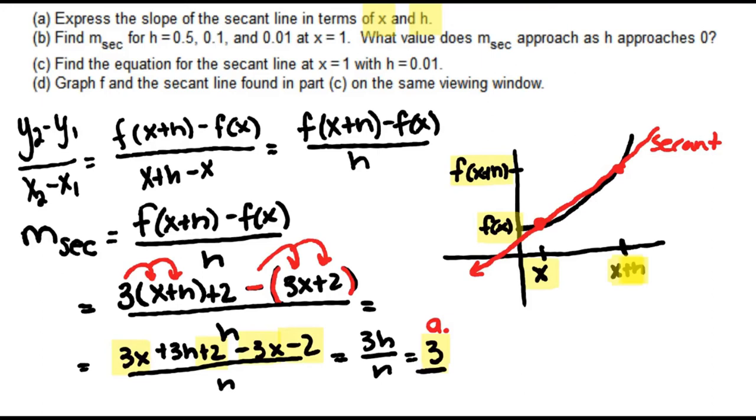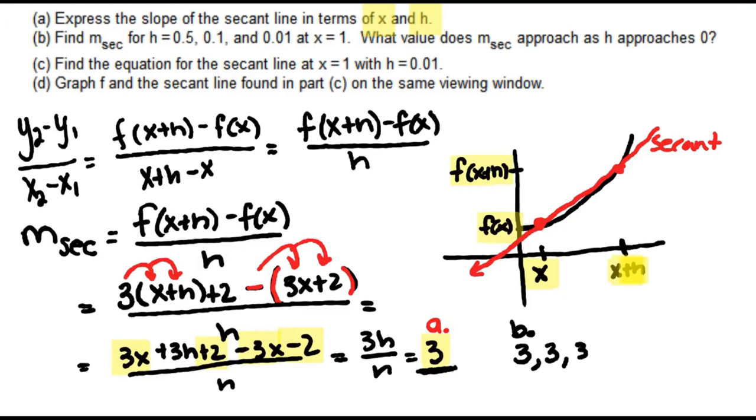But if my function was something other than a linear function, I would have x and h within the slope of the secant line, and I would substitute the different values of h as well as the value of x to answer part B. For this example, part B will have the answer 3 for every value of h. The slope of the secant line is 3 for all of these values of h and x. So it's 3 and 3 and 3 for all 3 of those answers.